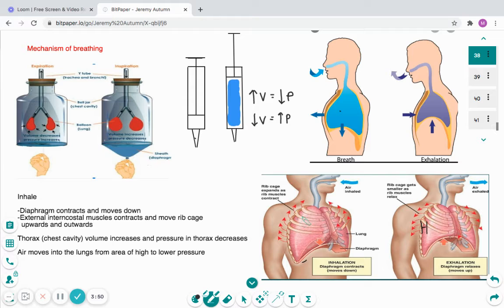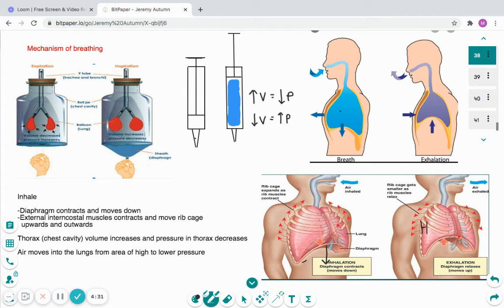So I want to just talk about how our muscle contractions can cause us to do something equivalent to a syringe or this bell jar. When you want to breathe in, we need to make sure that the pressure inside this chest cavity is low. How are we going to make the pressure low? We need to make the volume bigger. So to make the volume bigger, our diaphragm, which is a muscle at the bottom of our chest cavity, needs to contract and pull down.